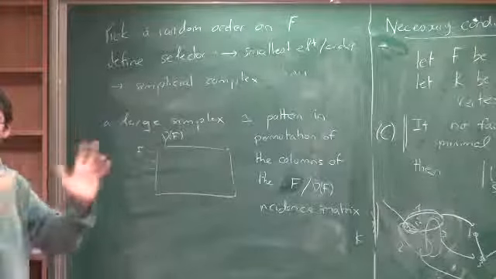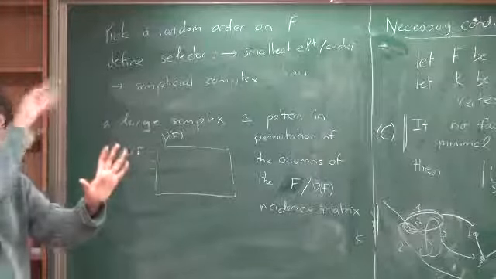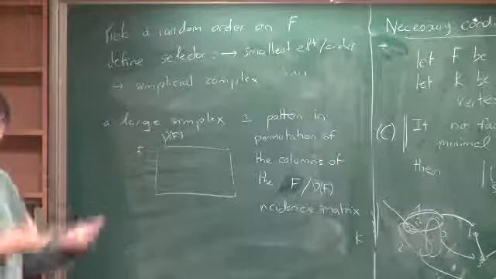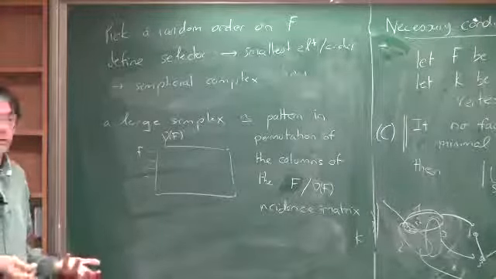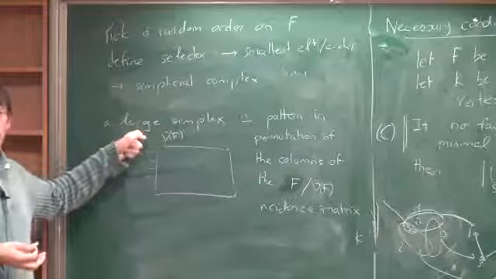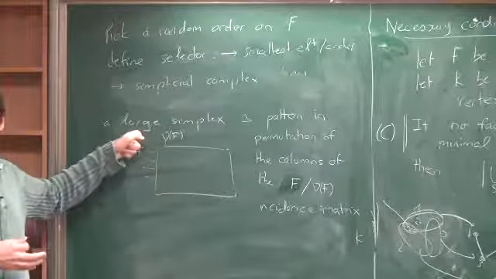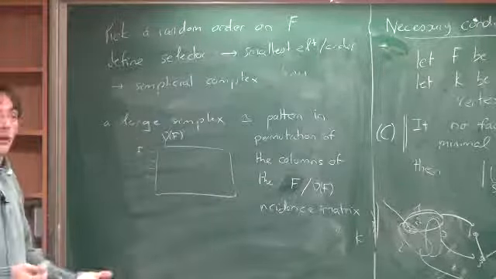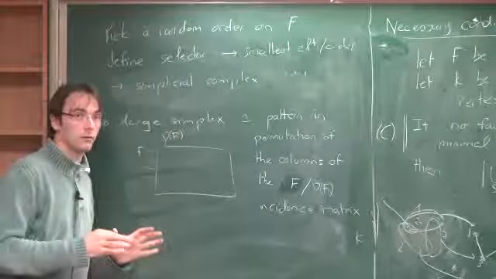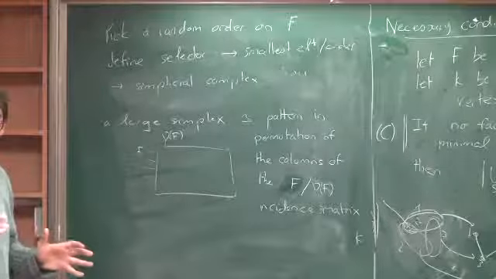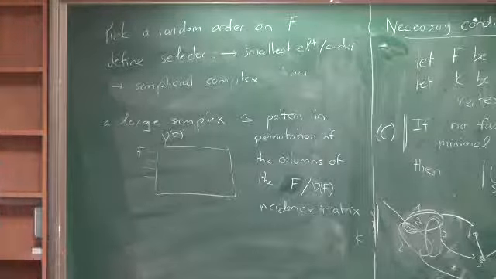Some columns will have to have 1s in certain orders and so on. And that we can analyze probabilistically and show that the probability that this happens when the simplex is large enough is sufficiently small that the probability that no such thing happens is positive. Okay, and that in a nutshell is the essence of the proof. And I think I should stop here.